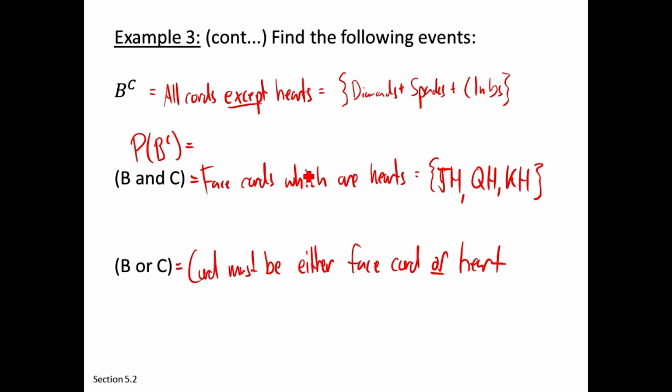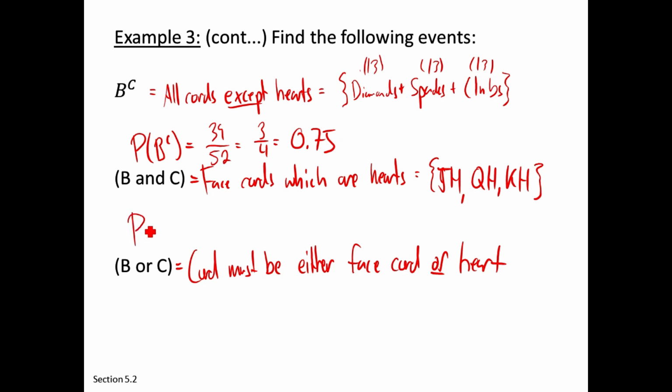If we had to construct it just by definition, though, how many cards are in here? So diamonds, spades, and clubs, right? There's 13 of these, 13 of these, and 13 of these. What does that add up to? 39. So there's 39 of them out of 52, and that reduces to 3/4, which would be 0.75.